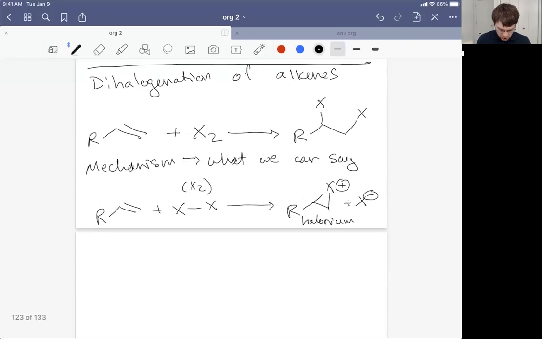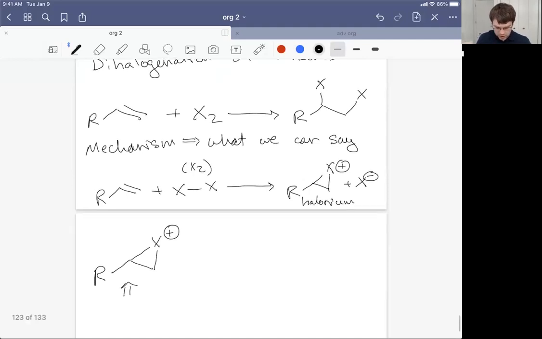Now, what do we have here? We've got an R group attached to one side of a three-membered ring, where the ring contains a non-carbon atom with a positive charge. This is just like a protonated epoxide.